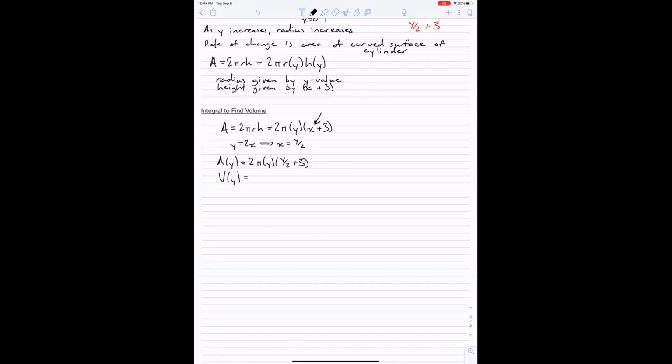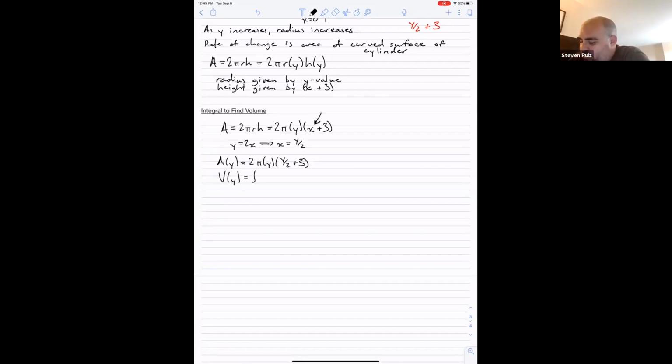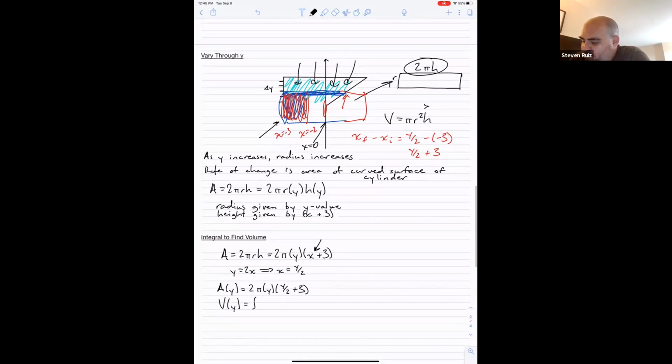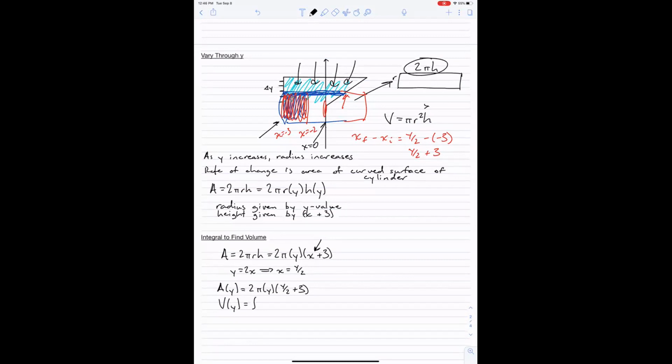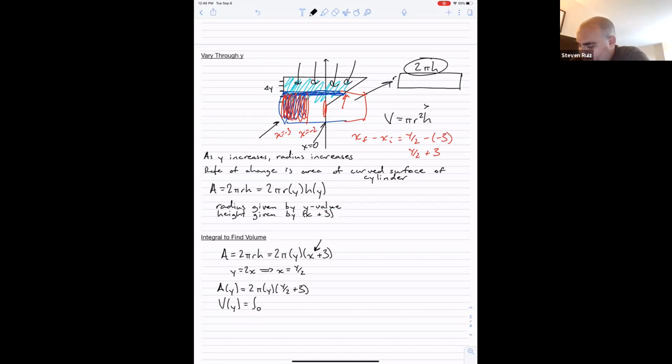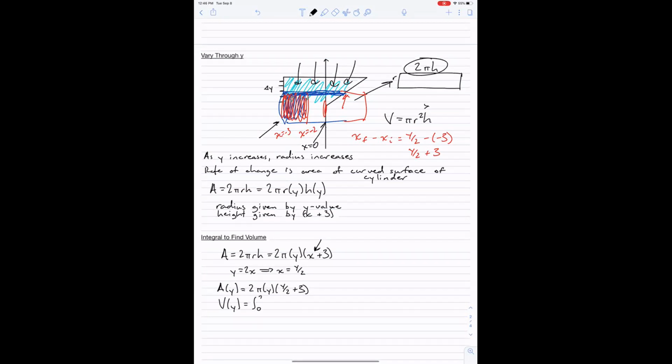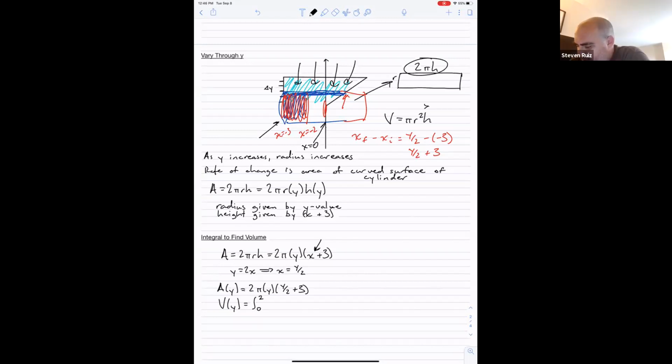Integral. All right, give me limits for this integral. Remember, we're in y this time, so what's the lower limit of this integral going to be? 0. And the upper limit will be what? 2. And just like last time, our integral is going to be a of t dt.